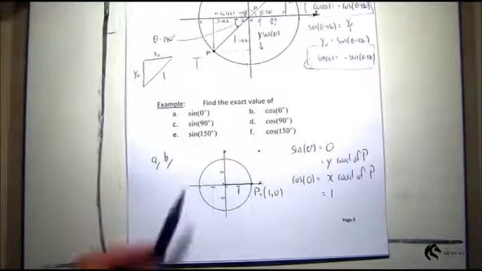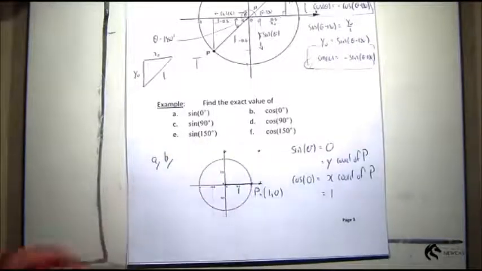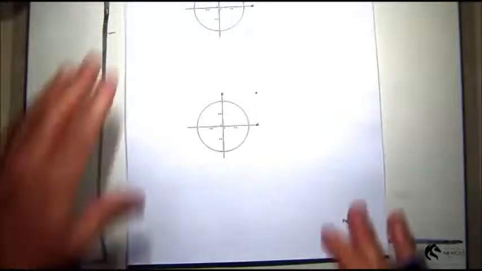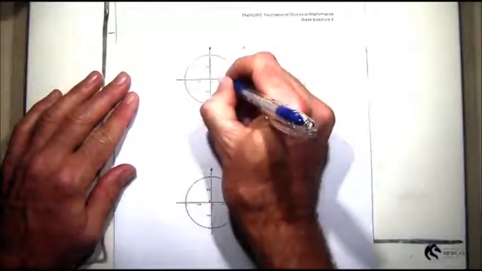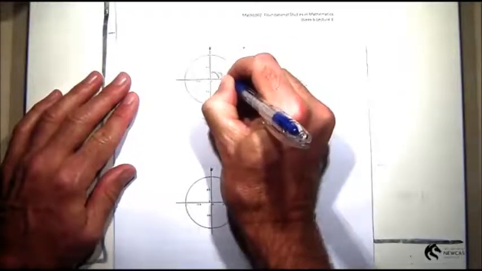Okay, let's do the next one, 90 degrees. So, our first task is to draw a radius that makes an angle of 90 degrees with the positive x-axis. So I go round to there, that's 90 degrees.